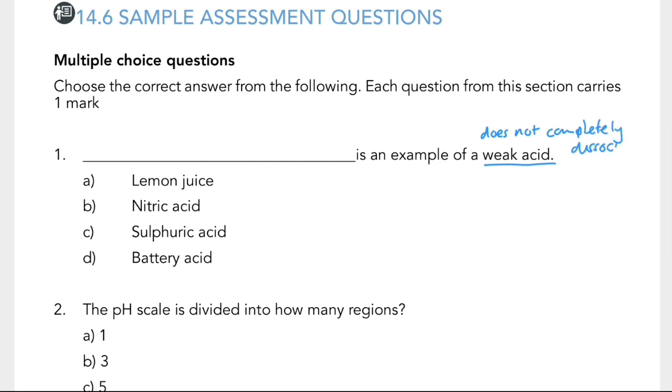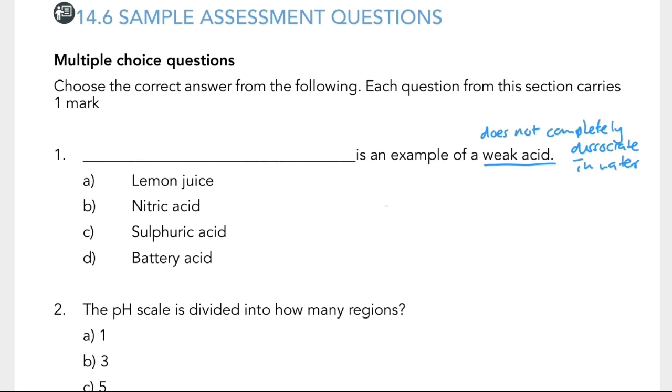If a weak acid is one that does not completely dissociate, or does not completely ionize in water, it therefore means that a strong acid is one that completely ionizes in water.